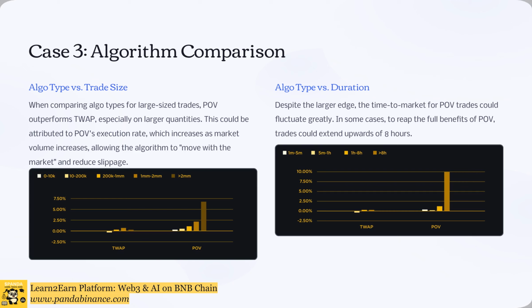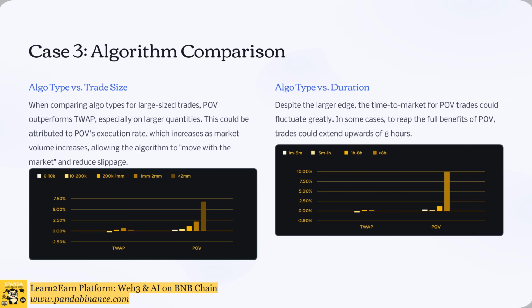However, while POV may offer a performance edge, its execution time can vary greatly. Sometimes POV trades might require over 8 hours to complete, whereas TWAP consistently executes within a shorter time frame, as shown in the second graph. This trade-off between speed and potential profit underscores the need to select the algorithm that aligns with your trading objectives and risk tolerance.